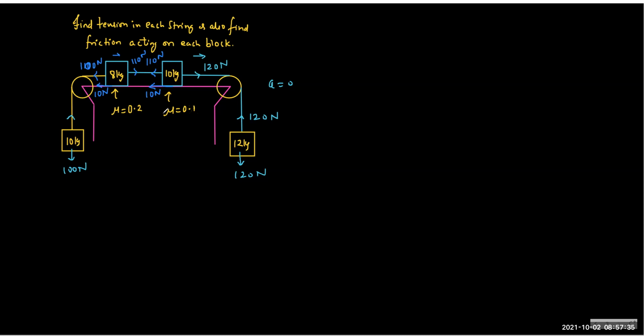So our acceleration will be 0. So what is the net pull force? 20 Newton, right? So the rule is simple. First, you assume there is no friction. If there is no friction, then what is the net force? 20.